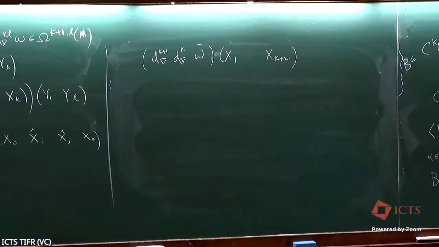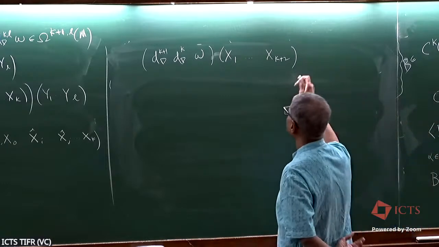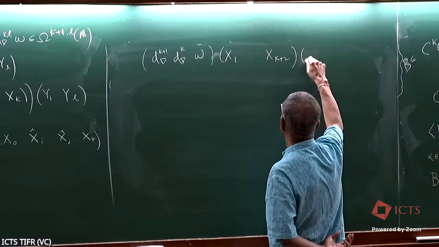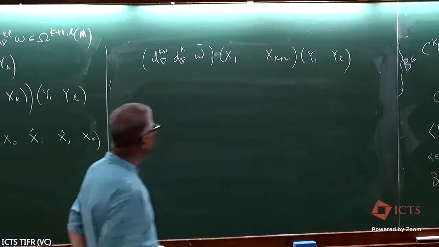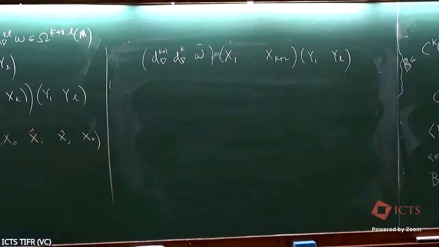A K form becomes k plus 1 becomes k plus 2. So let's give it k plus 2 arguments and then L arguments. And how does the curvature show up in this? We said d square is curvature. So where is the curvature going to come?